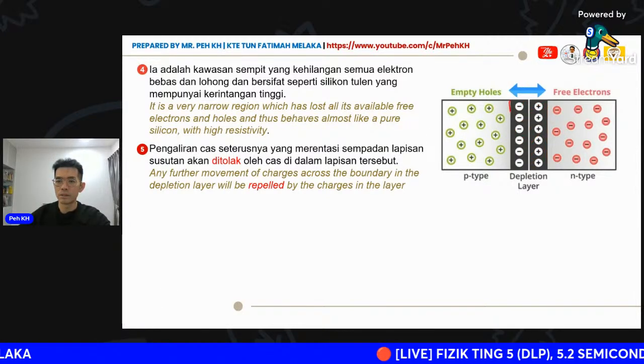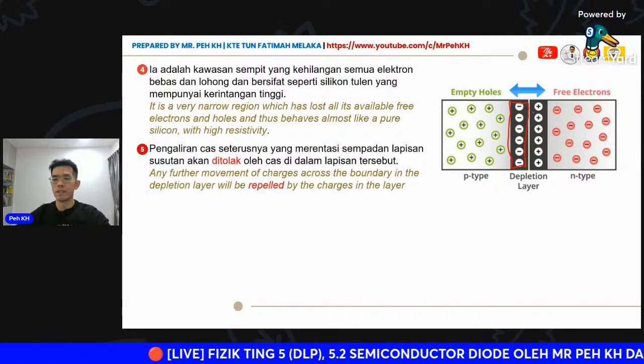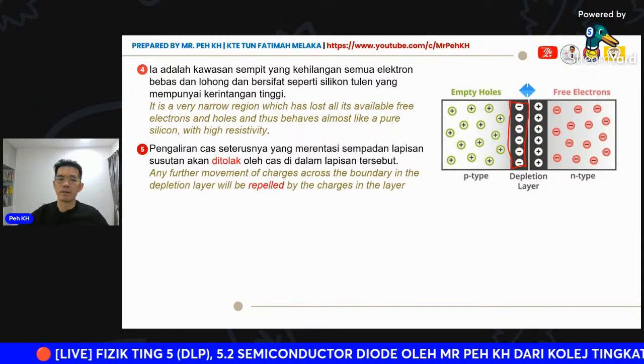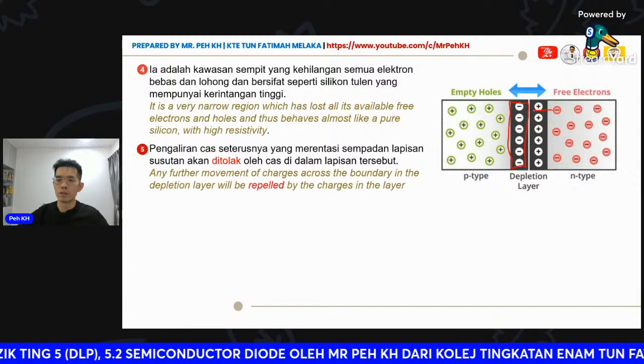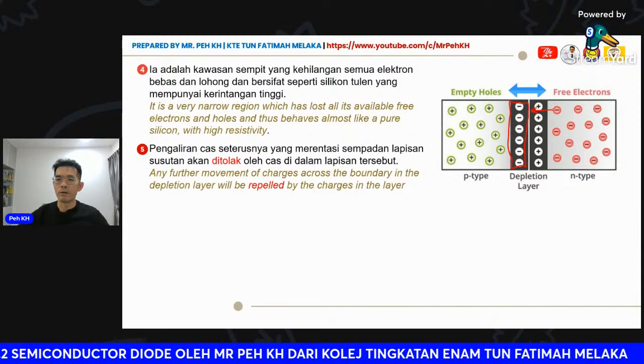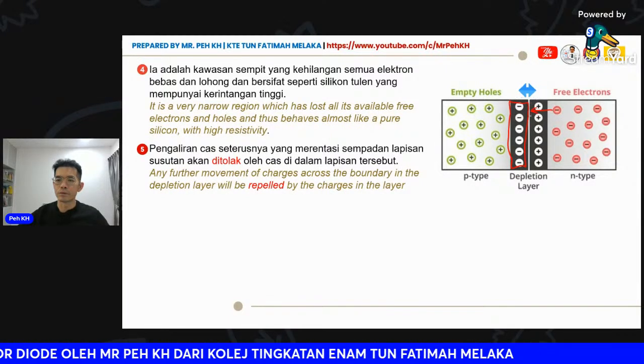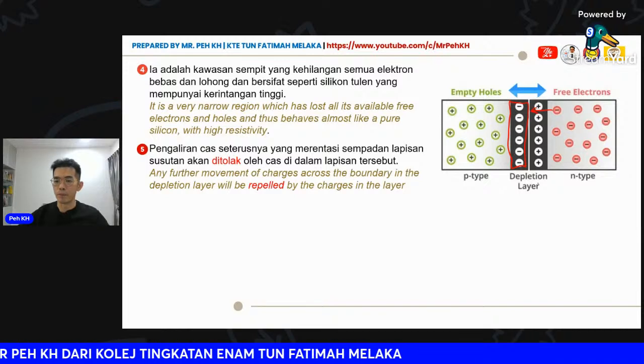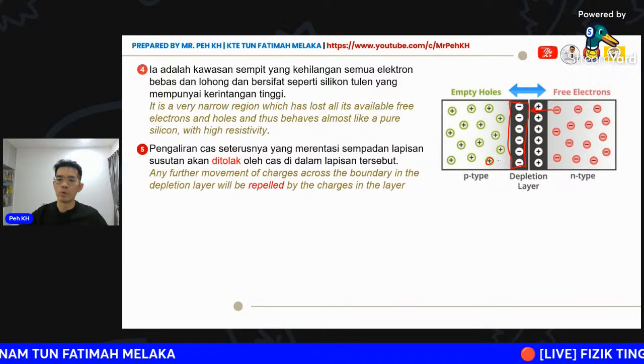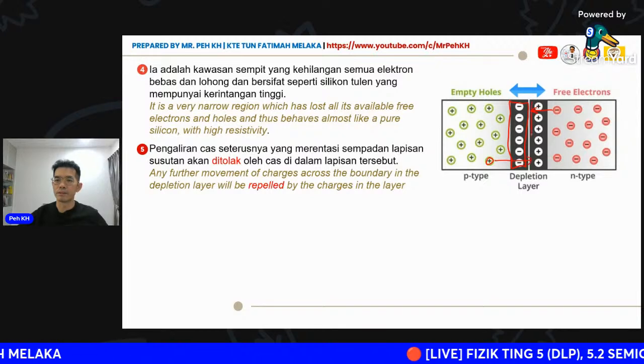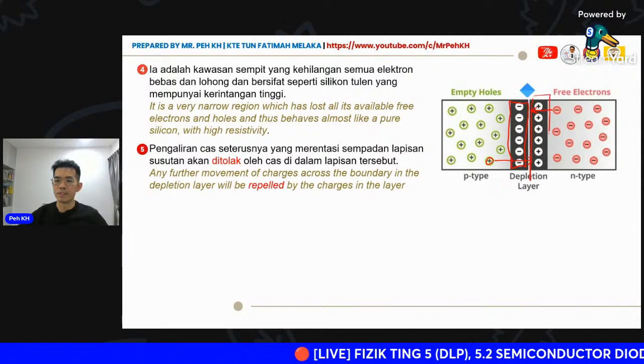Here, this is a negative charge already. So the electron will be repelled when it tries to cross the depletion layer. It is the same for the hole, which will be repelled by the positive layer here.